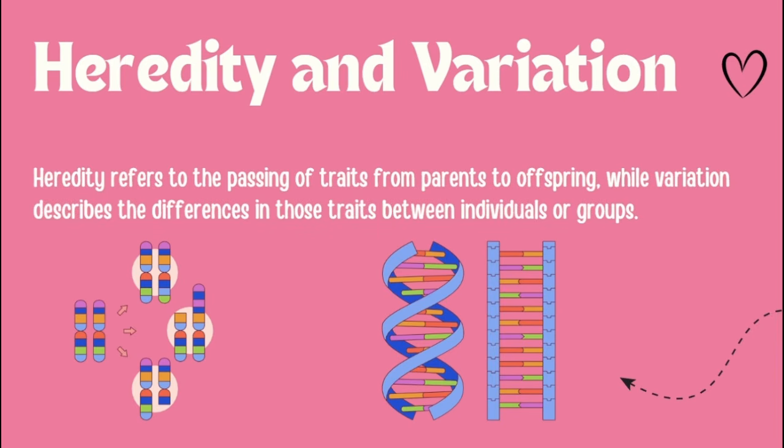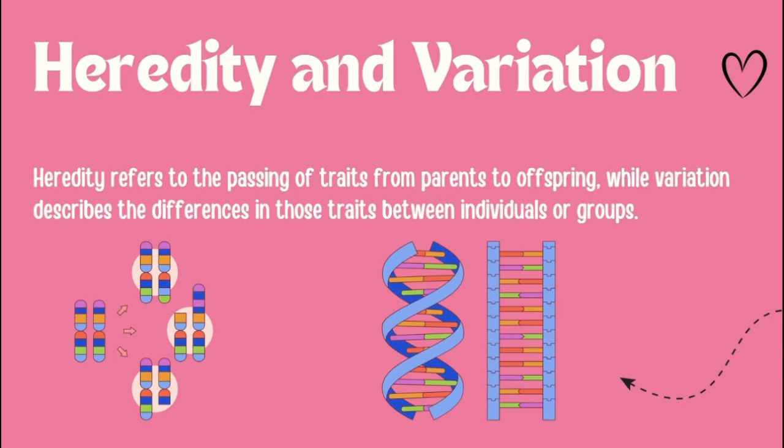Hereditary is all about how those genes are passed on. So one of my parents has brown hair and the other has black hair. What color hair do you think I'm going to have when we mix? Because this is what we're talking about. This is a little bit of genetics, right? We're talking about genetics when we talk about hereditary and variation, so we have to talk about that.